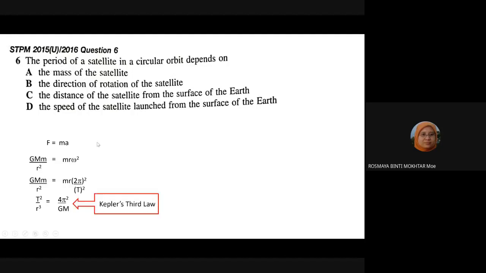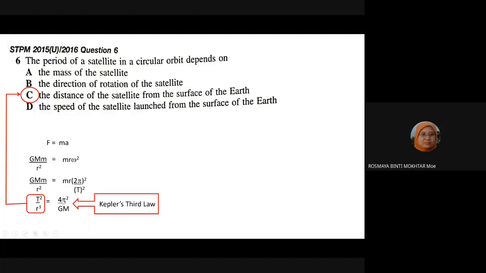So this one is actually Kepler's third law. So the answer is C, because here the distance of the satellite and the T value depend on each other. So period depends on r.